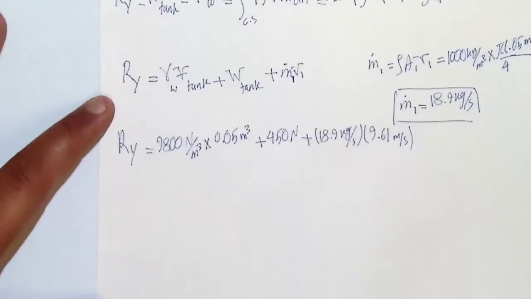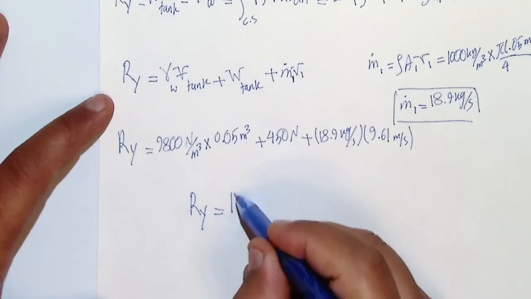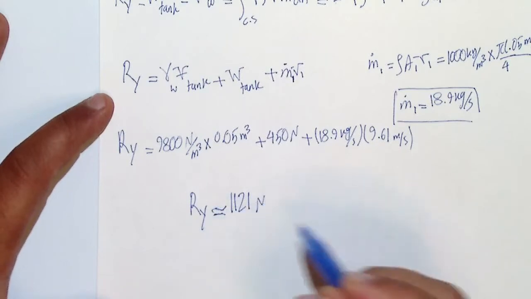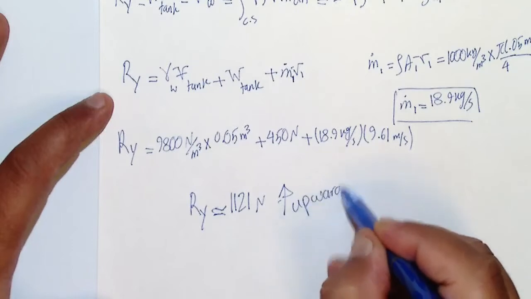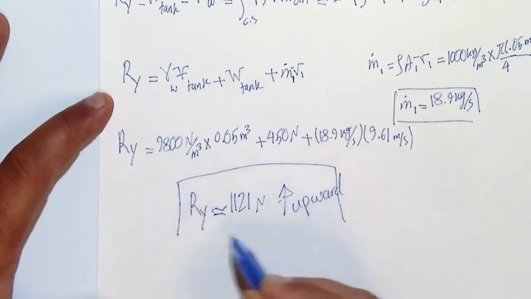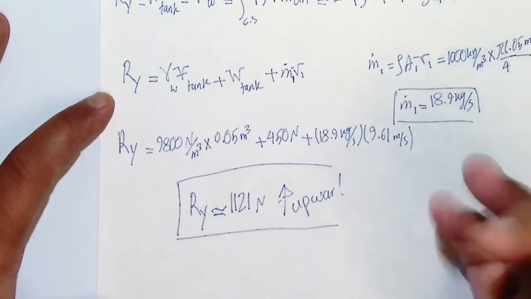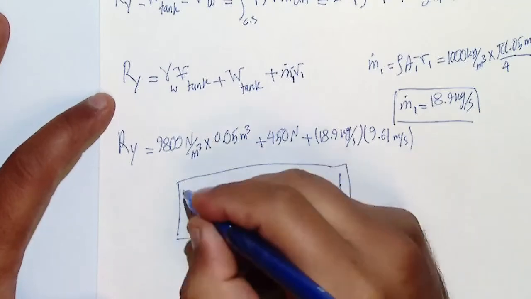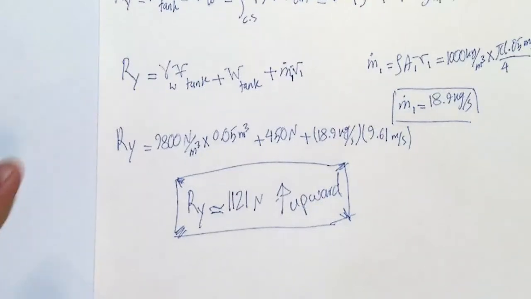Using all these, Ry is almost 1121 newton, and it is positive, so it means it's upward. That's the way you can calculate the force in y direction.